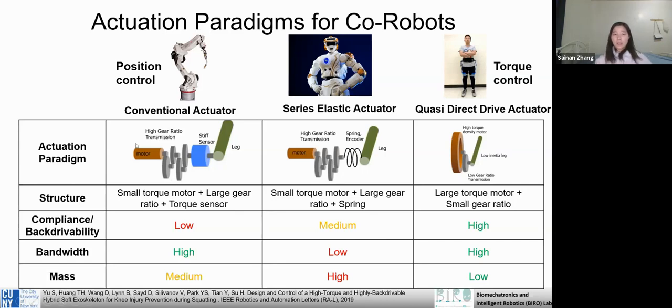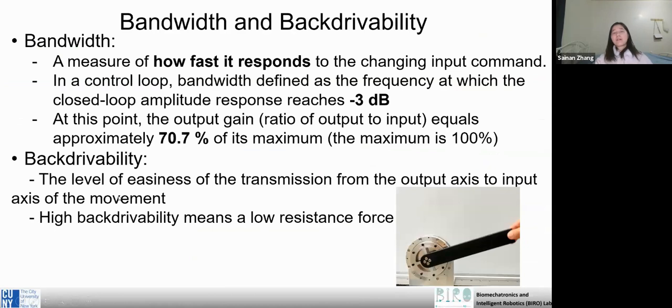Comparing these, there are 3 important metrics to know which actuator performs better. The first is compliance, which you can also regard as backdrivability. But what does backdrivability mean?